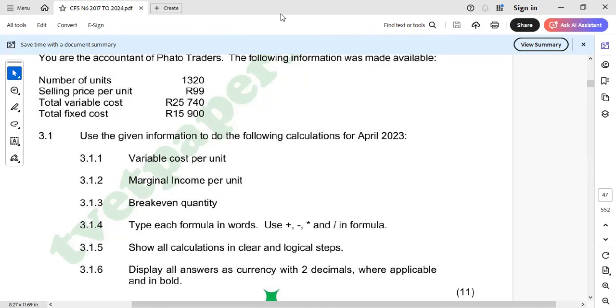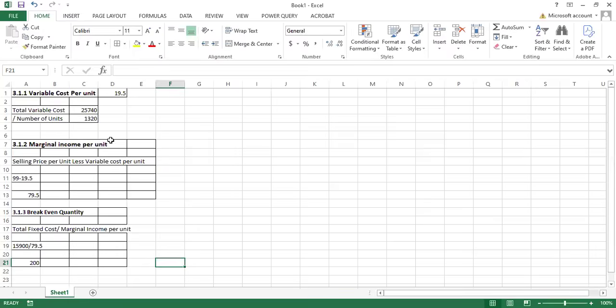Okay, let's go there now. So here we are going to highlight the variable cost. We highlight marginal income, but this one, because we are talking of the quantity, we are not going to highlight it. So we are only going to highlight these two.